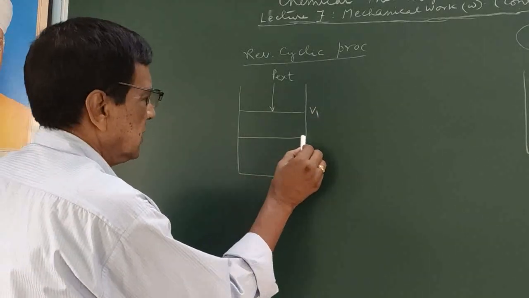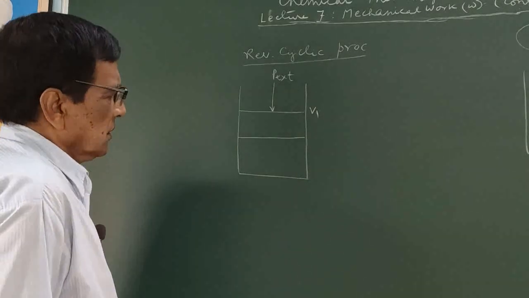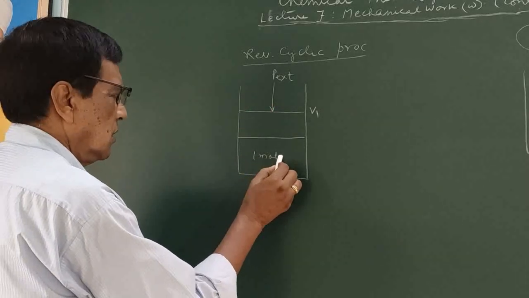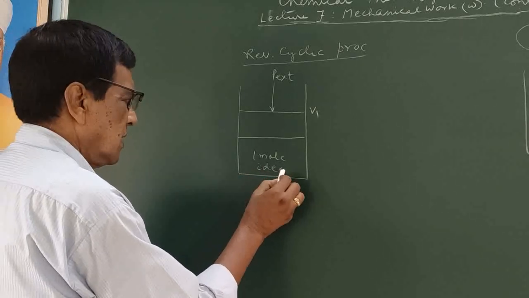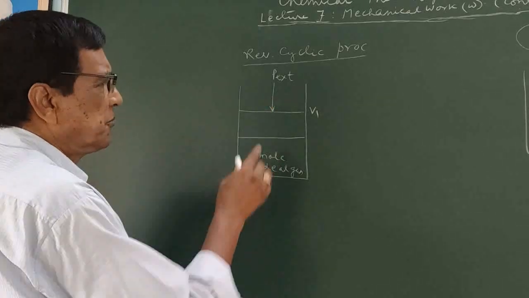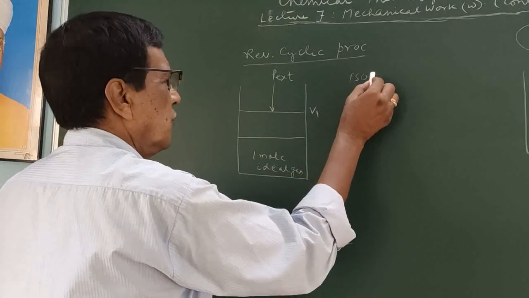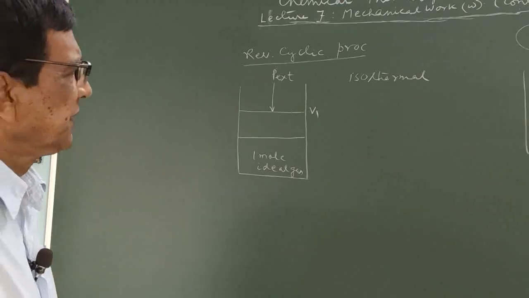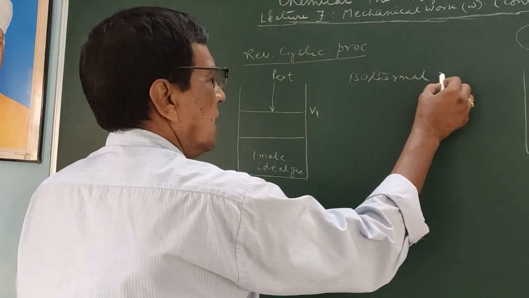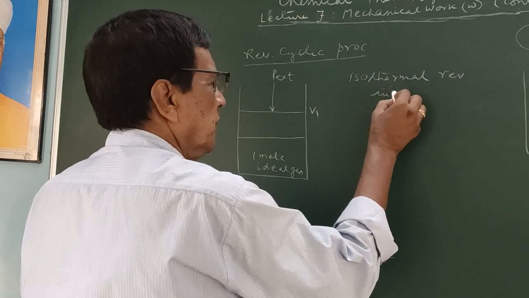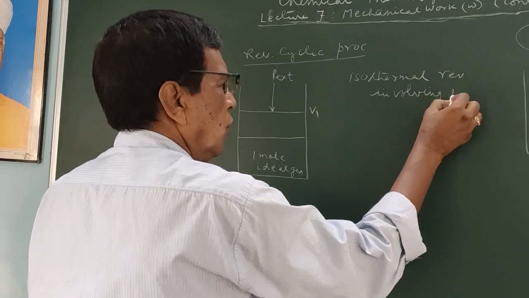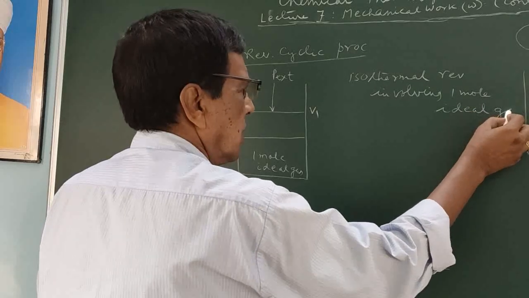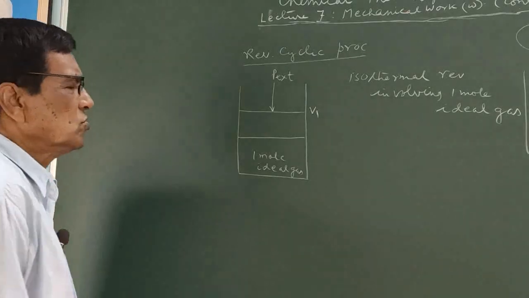Here, let us consider 1 mole ideal gas, and the process is isothermal, and for the sake of simplicity reversible, involving 1 mole ideal gas. So it is V2.